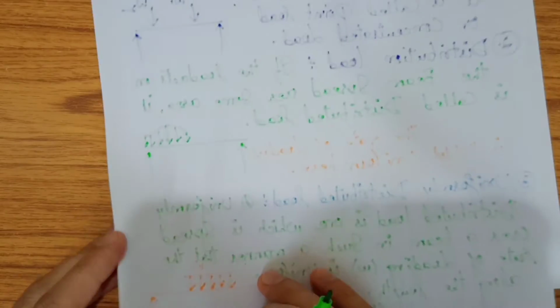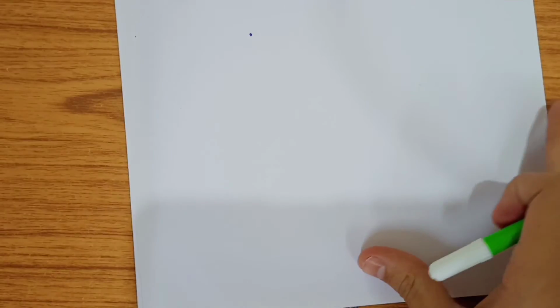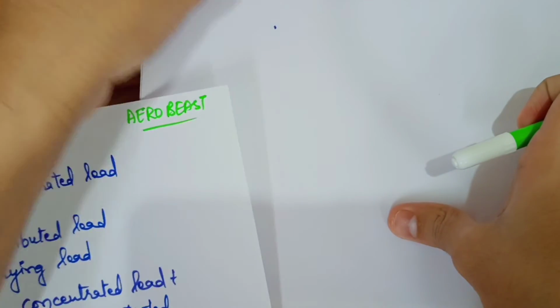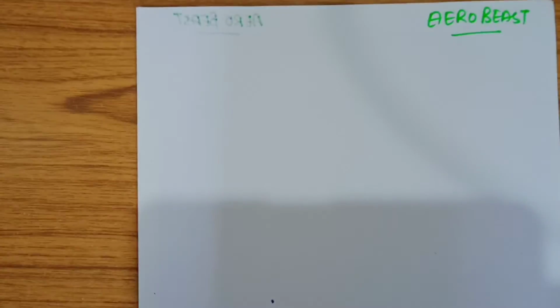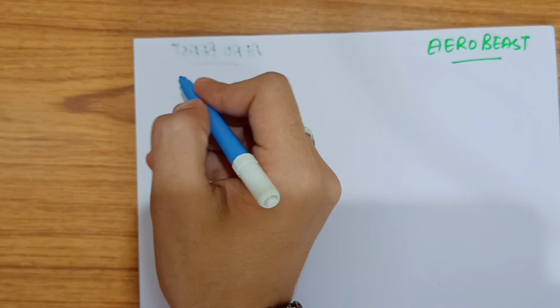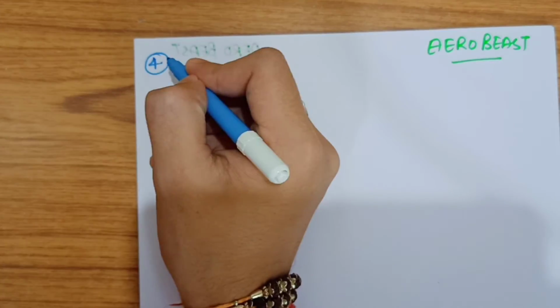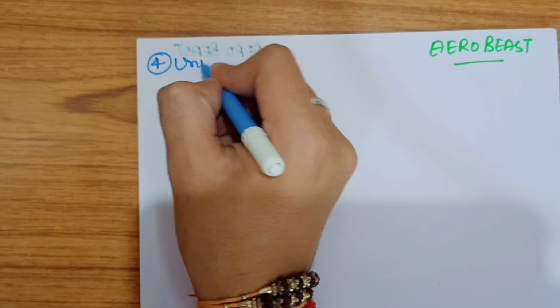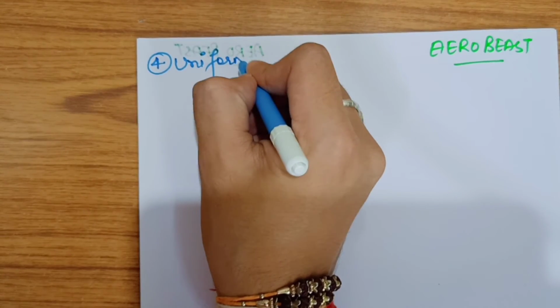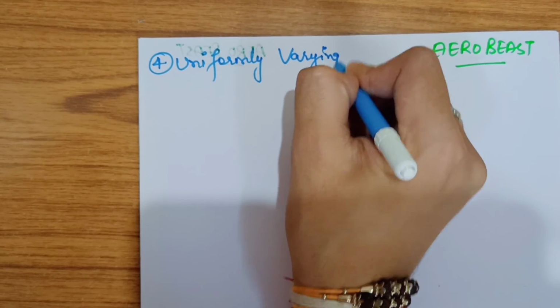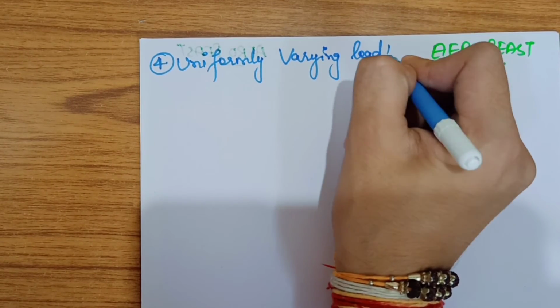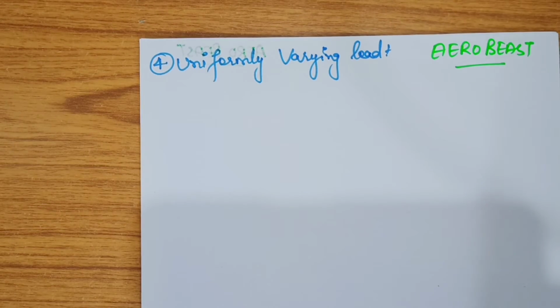Going with the fourth one, that is uniformly varying load.